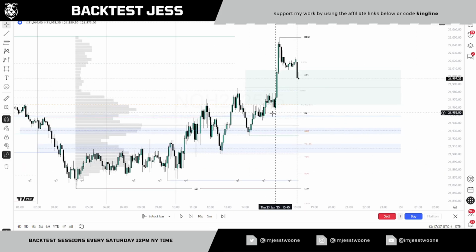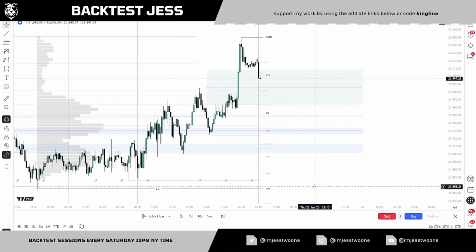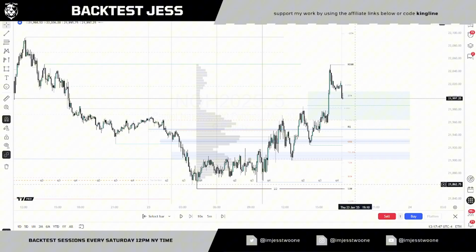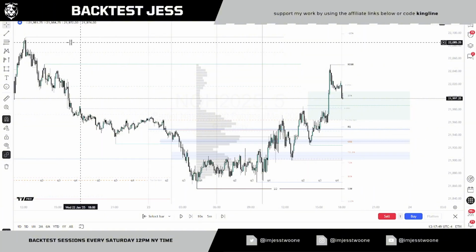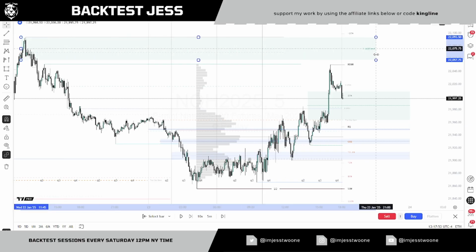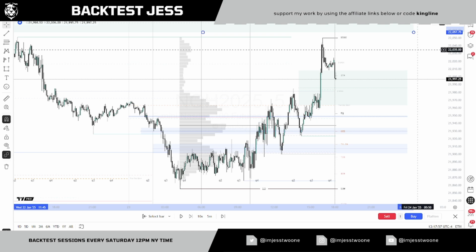Alright, all of this LR here, we don't really have anything to go off of. We still have this one from the day before that we haven't returned to. This zone, that was a Q4.